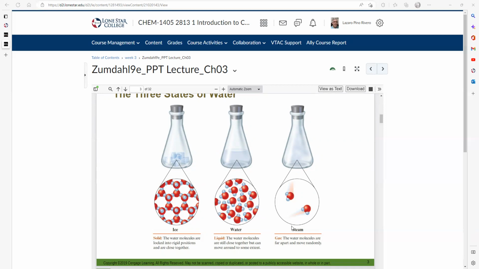In the vapor, the gas state, the water gas, the molecules are apart one from another in such a way that they almost don't interact among themselves. Then here are the three different states.